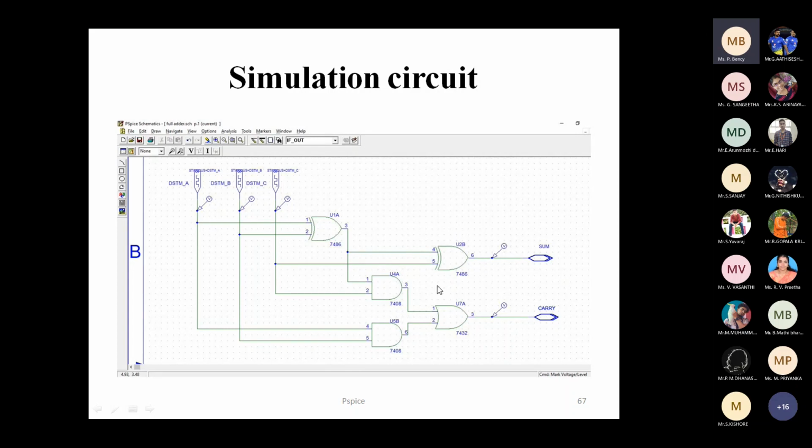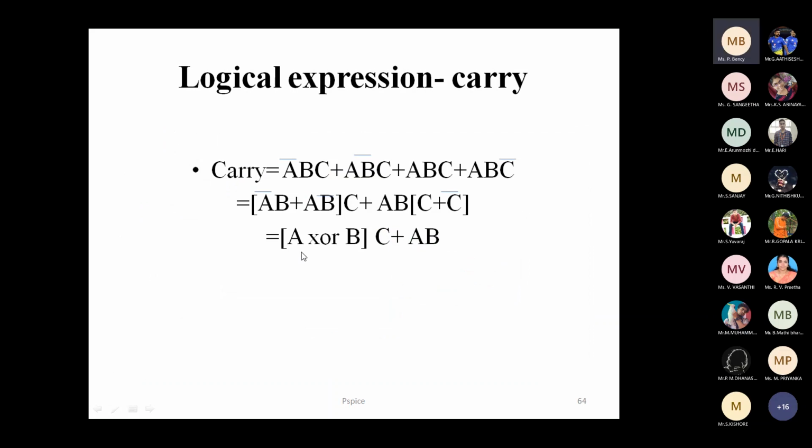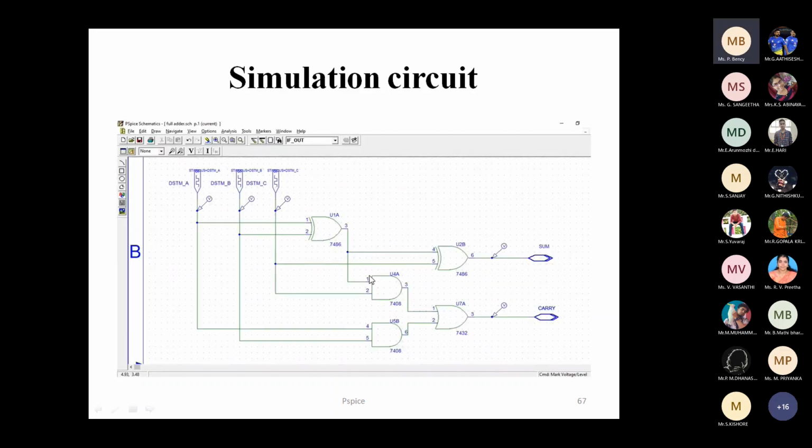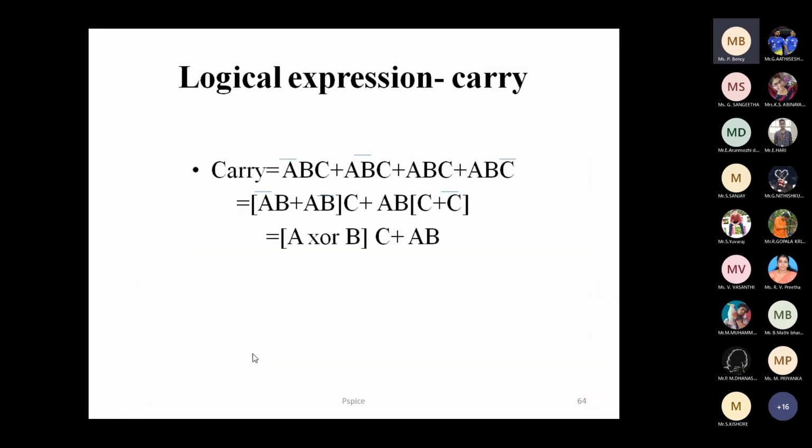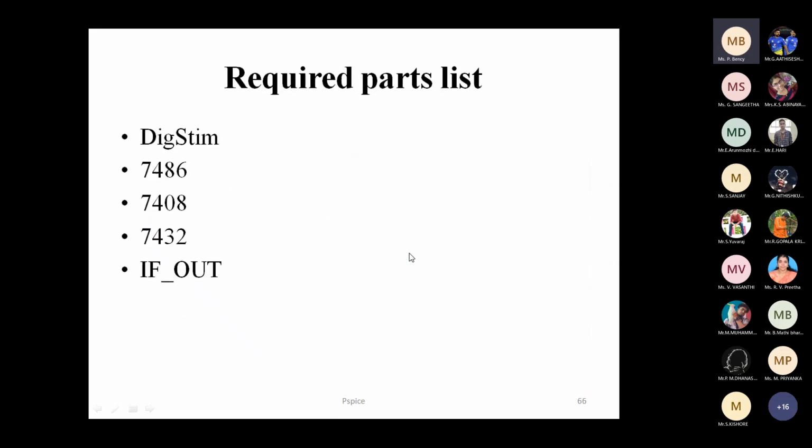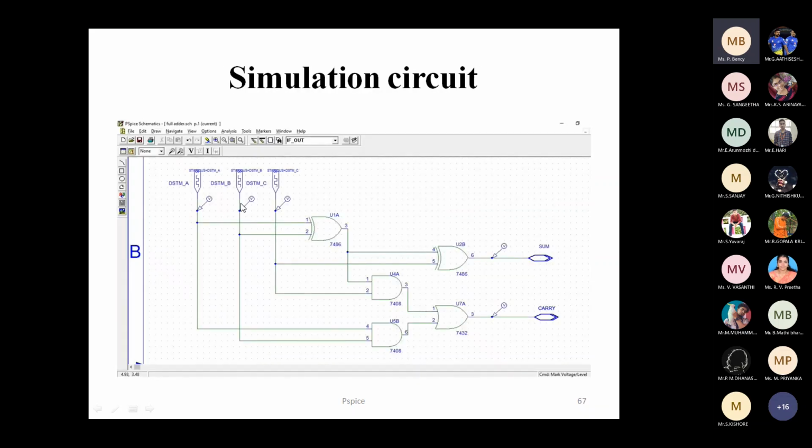And next, listen carefully, the carry is A XOR B into C. So we have used an AND gate, and taken the output of the first XOR, that is A XOR B, and the third input C. Then the term AB is in our expression, so the inputs A and B are given to another AND gate.